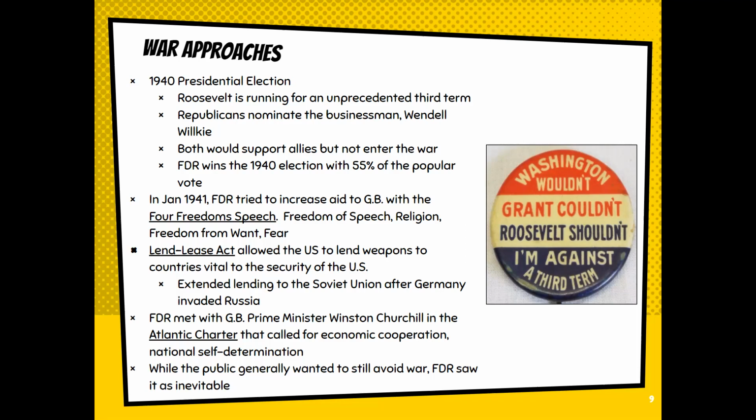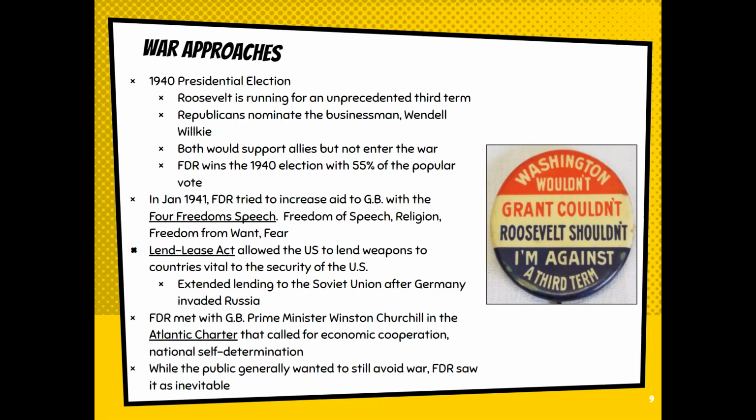Roosevelt begins to increase his push to help Great Britain and try to advocate to the public for more help. His famous Four Freedoms speech, showing that in order to protect our freedom of speech, our freedom of religion, our freedom from want, our freedom from fear, we need to support the Allies.